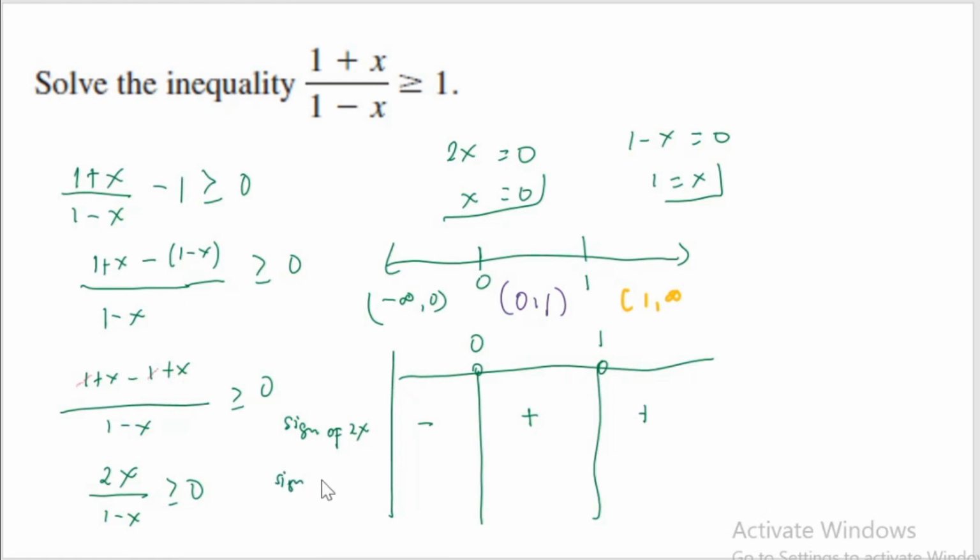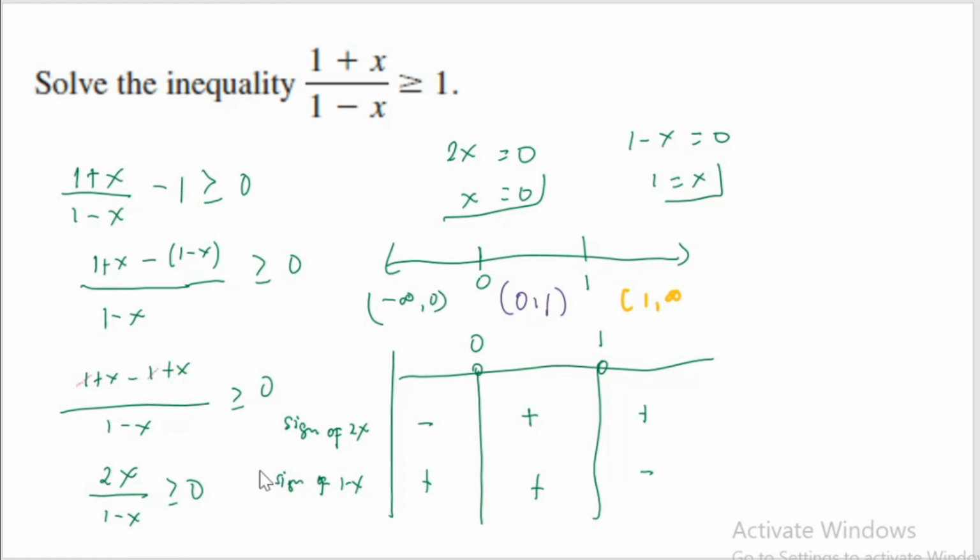If x is negative 1, then 1 minus negative 1 is positive. For 0.5, 1 minus 0.5 is positive. And if x is 2, then 1 minus 2 is negative.